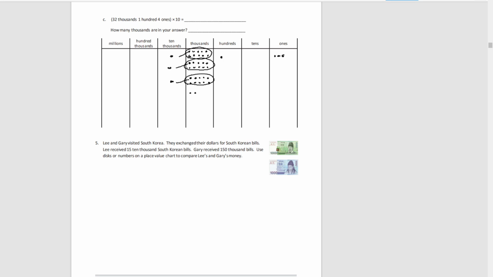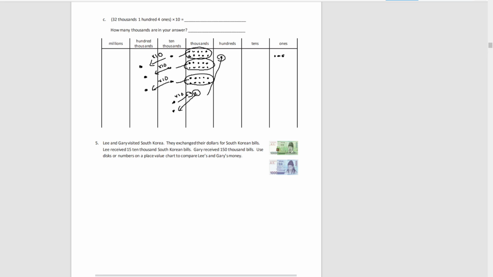Now we need to multiply by 10. So we're going to use our shorthand way. So 10 10,000s is 100,000. 10 10,000s is 100,000. 10 10,000s is 100,000. 1,000 times 10 is 10,000. 1,000 times 10 is 10,000.